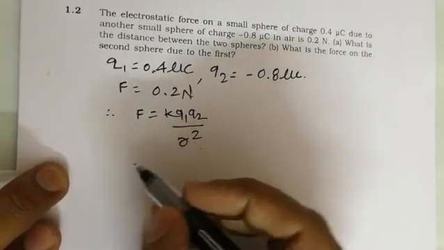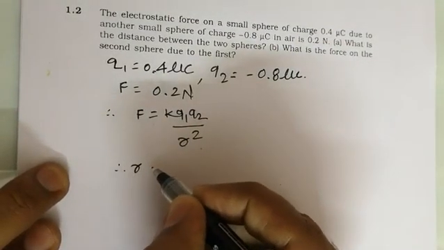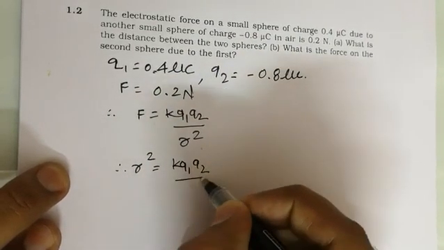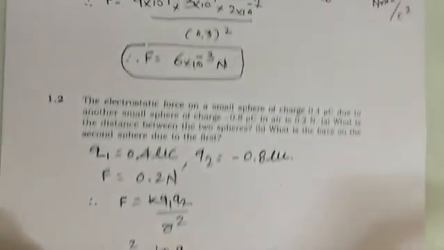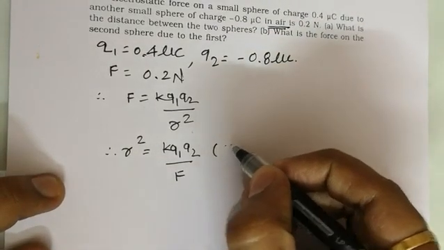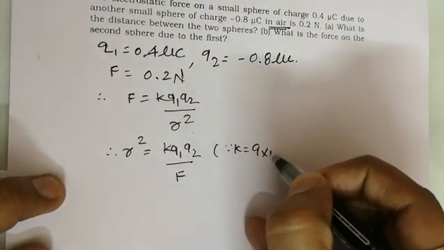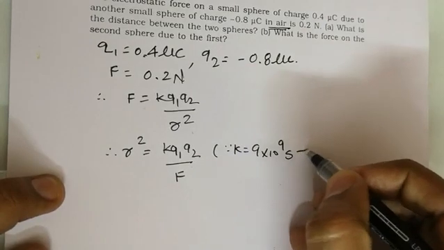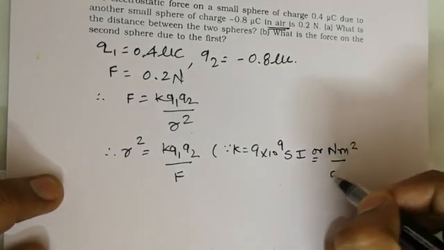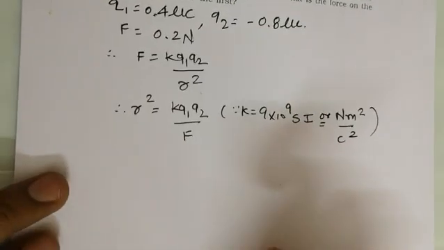Since we want to find R, R square equals k Q1 Q2 by F. Again, in the question they have said it is in air, so the value of k is the standard value: 9 cross 10 to the power 9 SI, or Newton meter square upon Coulomb square.